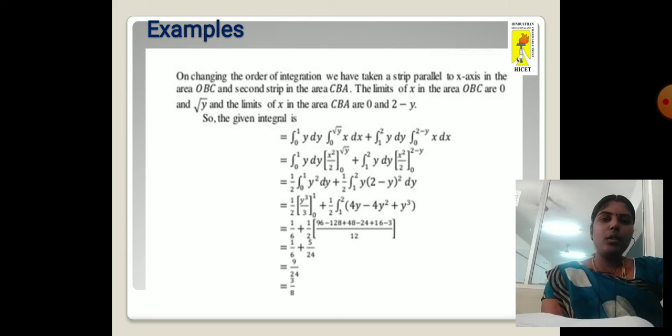So, this is equal to 1 by 2 times integral 0 to 1 of y square dy, plus 1 by 2 taken outside, the remaining term integral 1 to 2 of y times (2 minus y) square dy. Simplifying the above equation, we get the final result 3 by 8. Hence the solution.